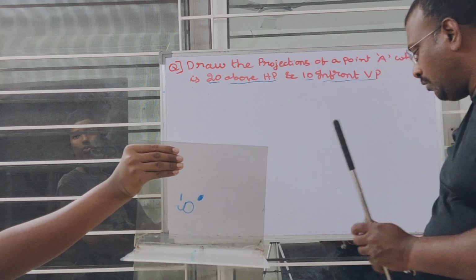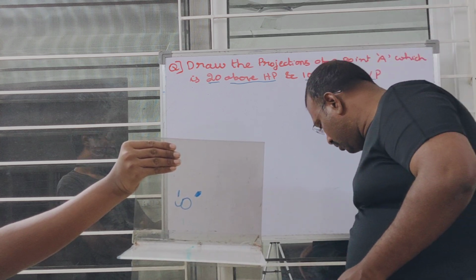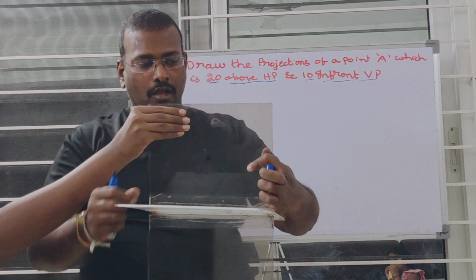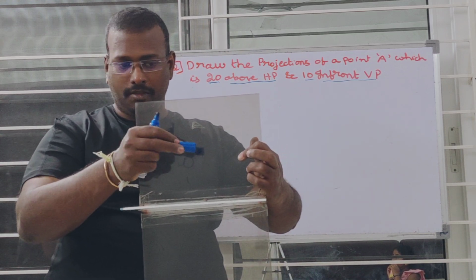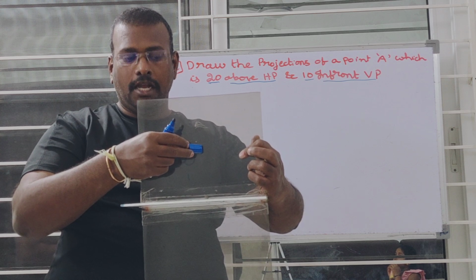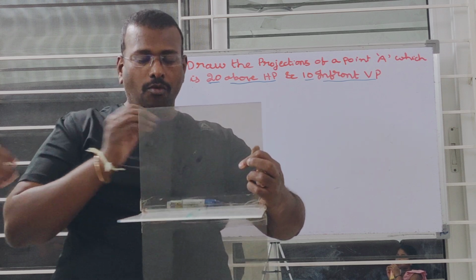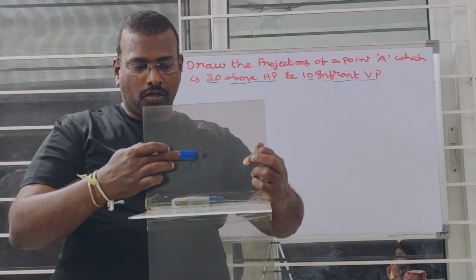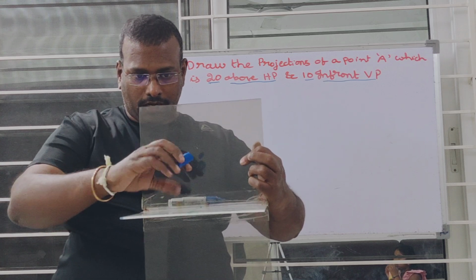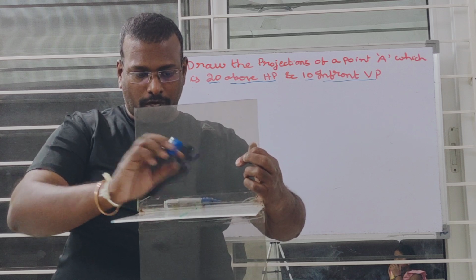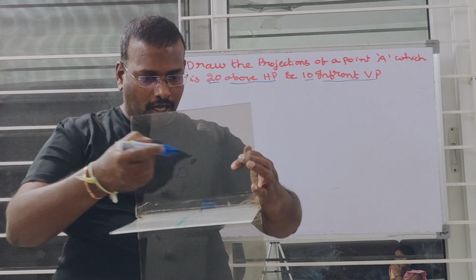So what are the things we are already aware of? Once the point is here, this is capital A. This shadow will fall here, it is a dash. Now you have to know it is 20 above HP. So from this point also it is going to be 20 above.